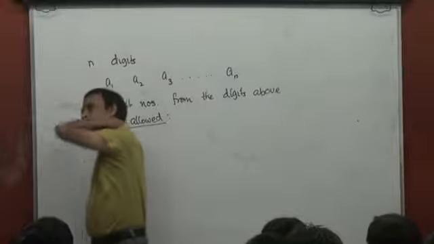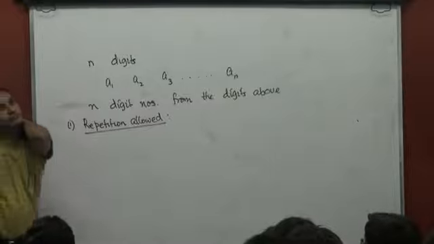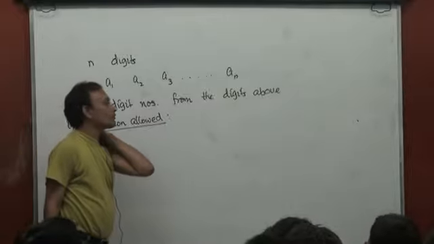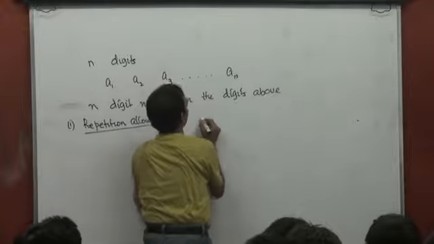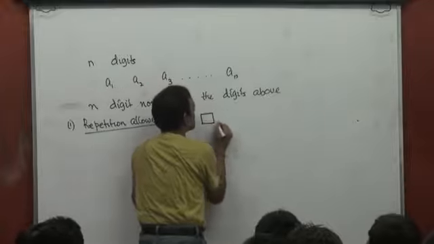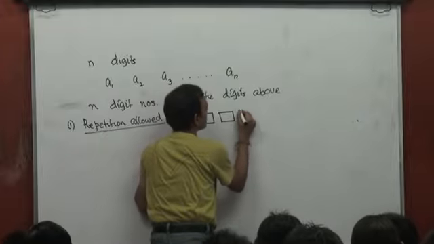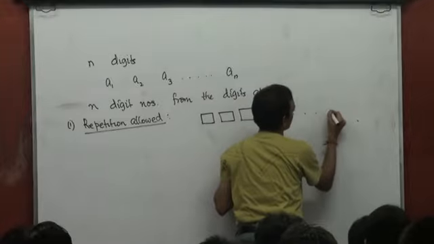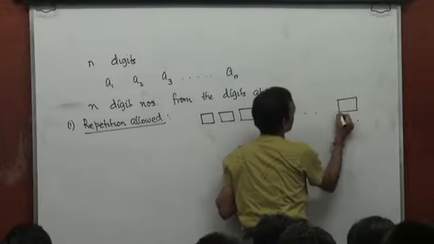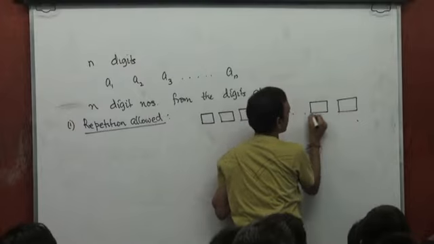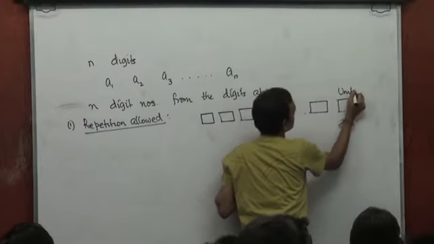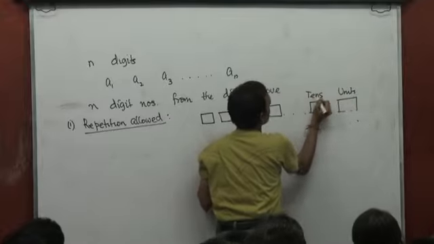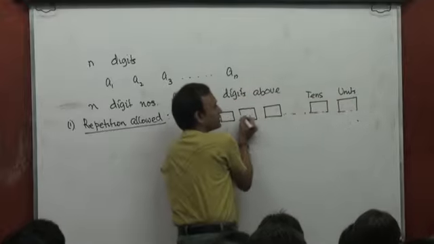Now, this is the n digit number, n spaces. This is a certain n digit number: units place, tens place, hundreds place, and so on and so forth.